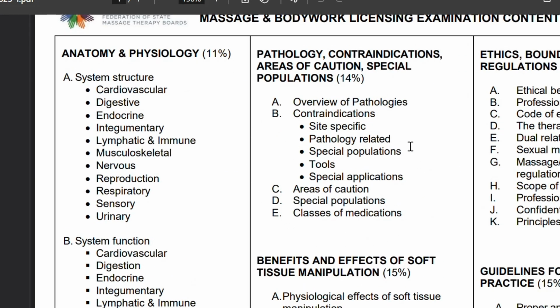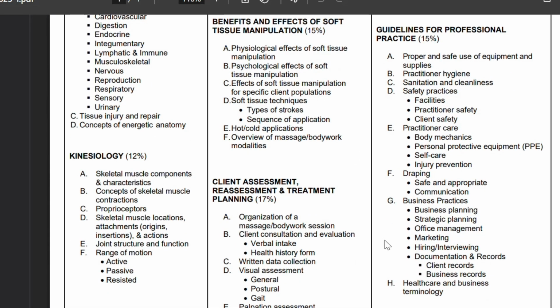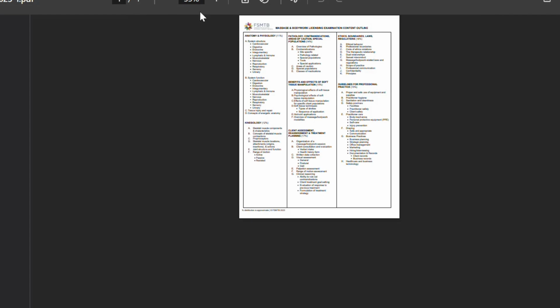Something that helps you to understand pathology is having a basic understanding of how a medical word, including the Latin roots, is put together. And then at the very end of guidelines for professional practice, it says healthcare and health business terminology. That's where it's specifically saying you need to understand healthcare terminology.